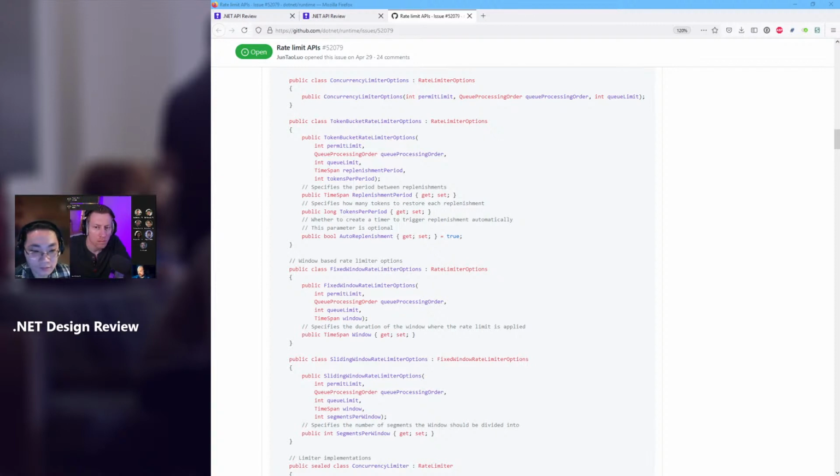I mean, really, again, it's just a question of, is it just noise? For the SSL stream, there are a lot of options. Many of them don't need to be specified. I believe it has some required things and then settable properties for optional things, and here everything is required except auto replenishment on the token bucket rate limiter.